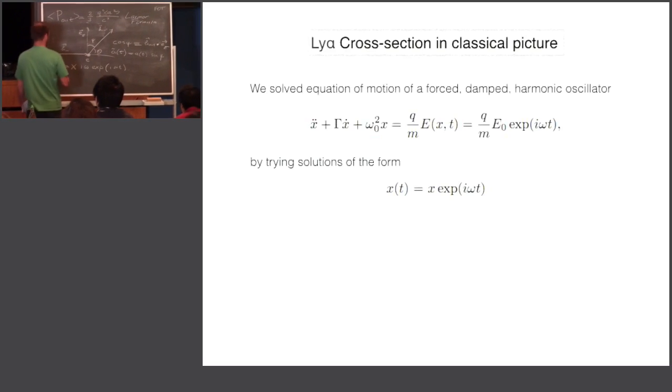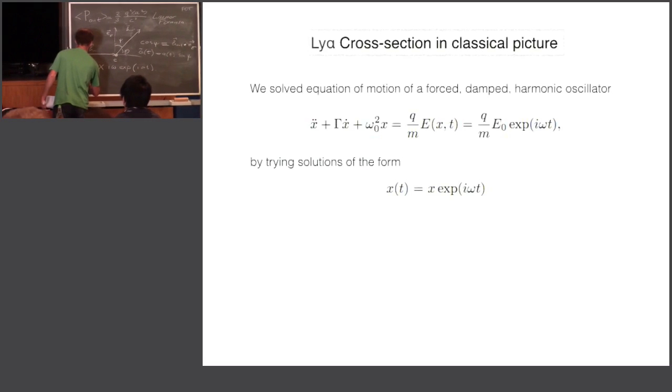That would be your first derivative, and for your second derivative, you pick up another factor of i omega. So you get x (i omega) squared exp(i omega t).